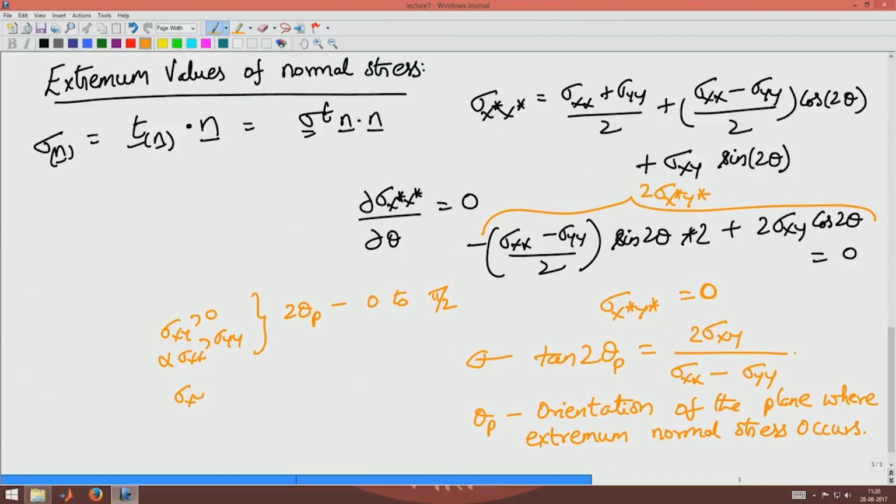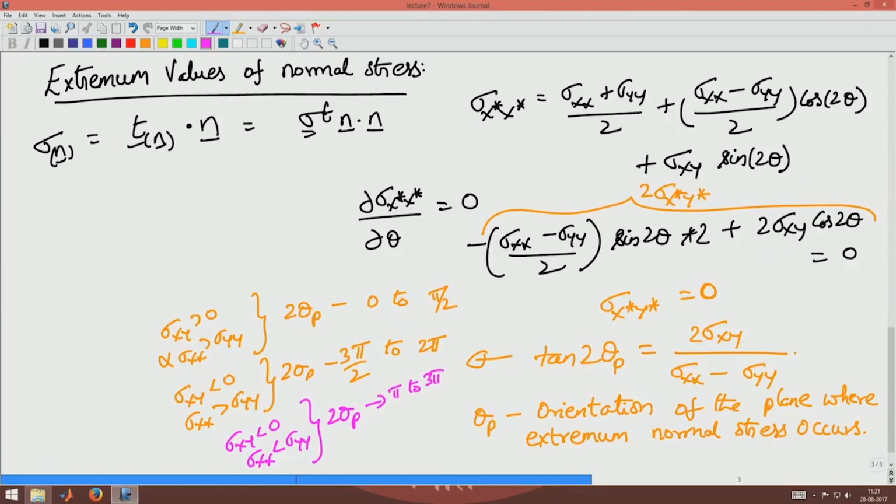If sigma xy is less than 0 and sigma xx is greater than sigma yy, 2 theta p in this case would lie between 3 pi by 2 to 2 pi, okay. If on the other hand sigma xy is less than 0 and sigma xx is less than sigma yy, 2 theta p will lie in the range of pi to 3 pi by 2.